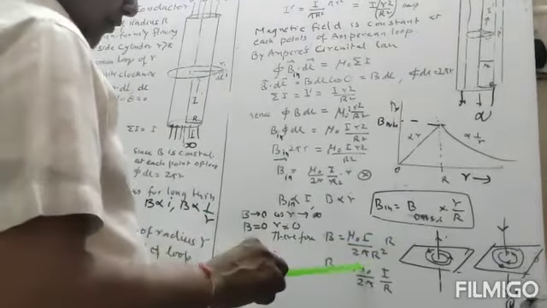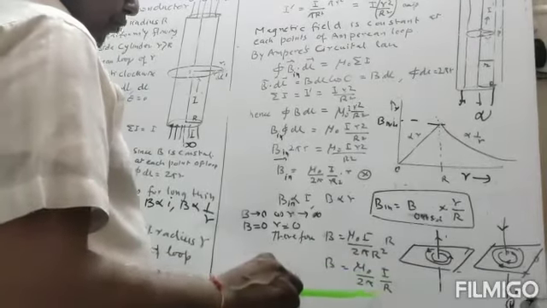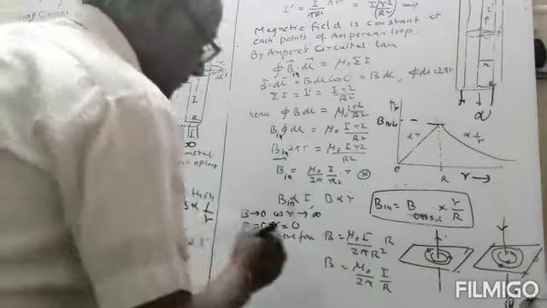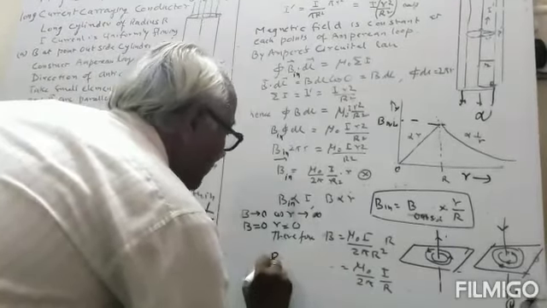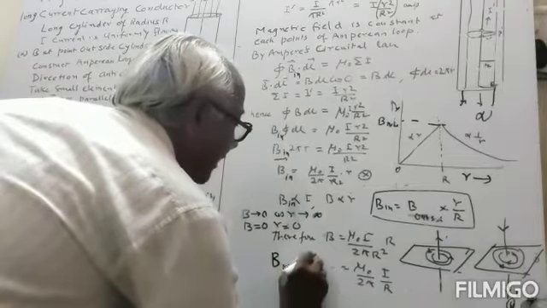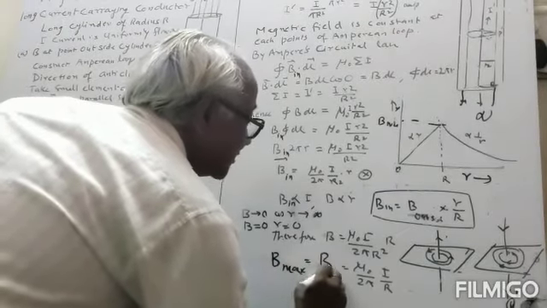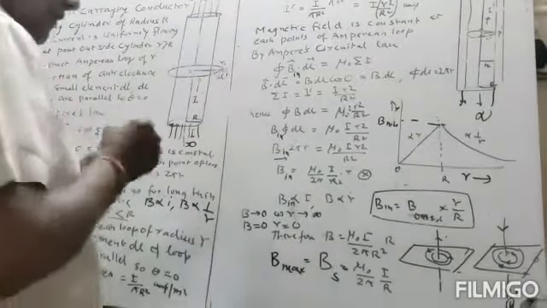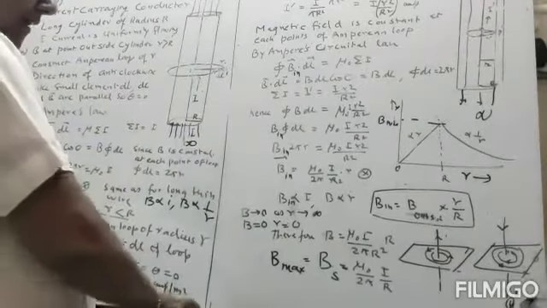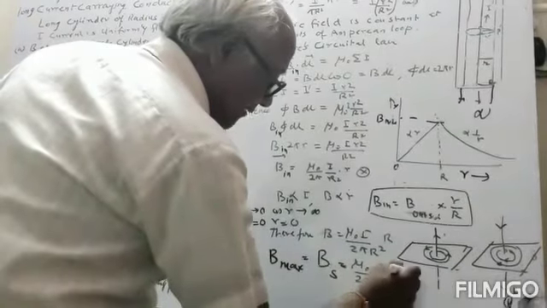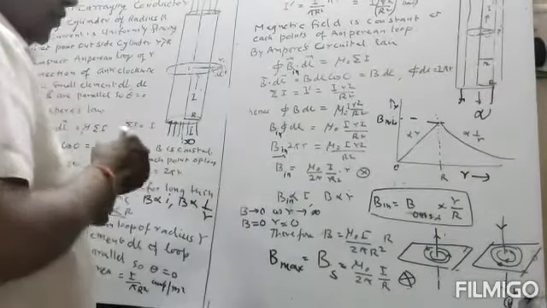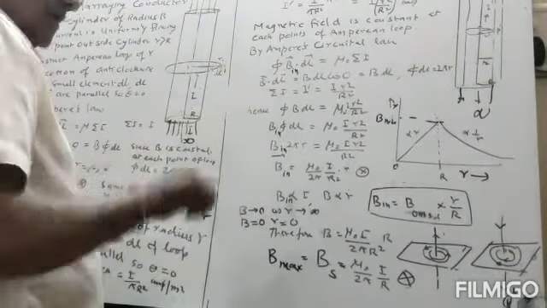So B will be equal to mu 0 I by 2 pi R, and it is maximum. B is maximum at the surface. On the surface of the cylinder, the magnetic field is maximum and its direction is again the same, perpendicular to the radius.